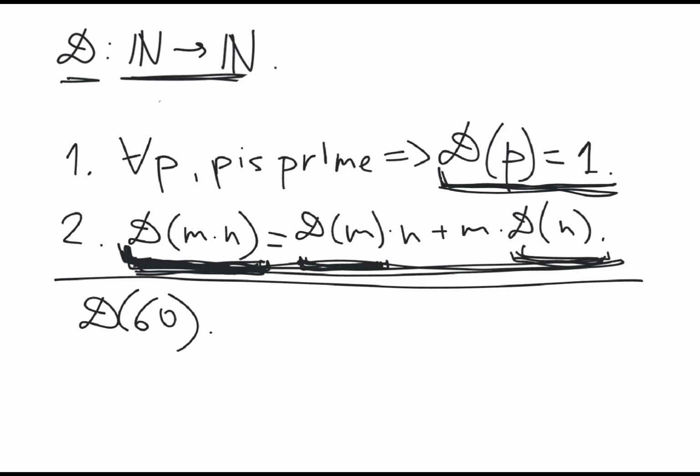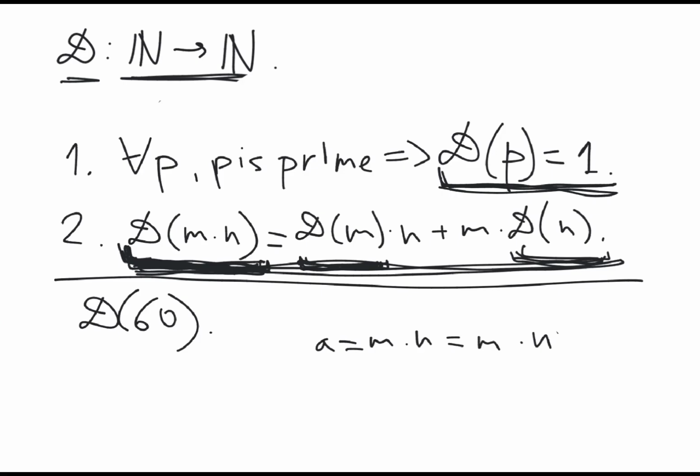Technically it might be that a number can be represented in two different ways. Let's say we have some number a that can be represented as m multiplied by n, and also as another product. Prime is not a good notation here, because prime can be confused with the derivative itself.